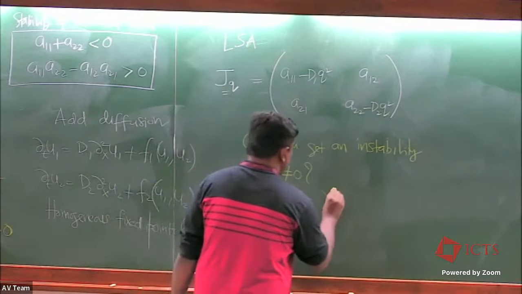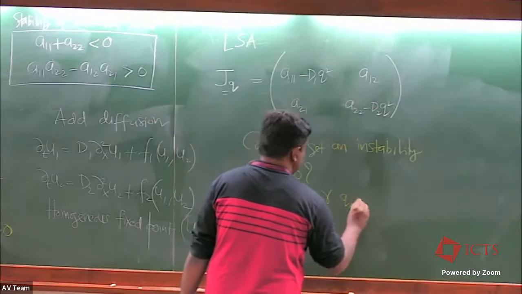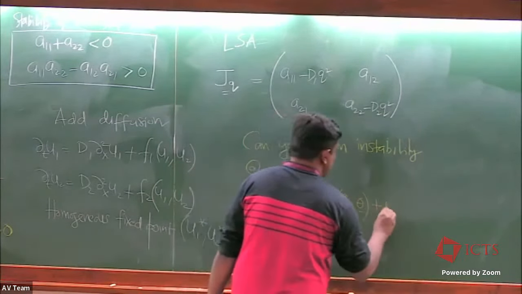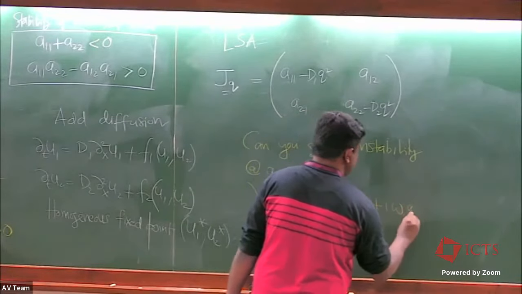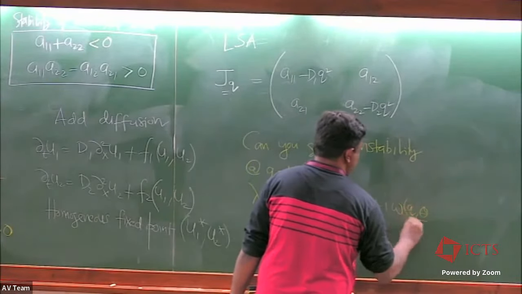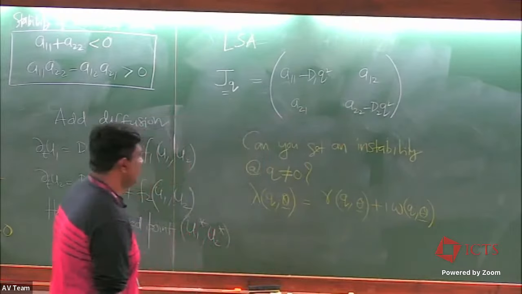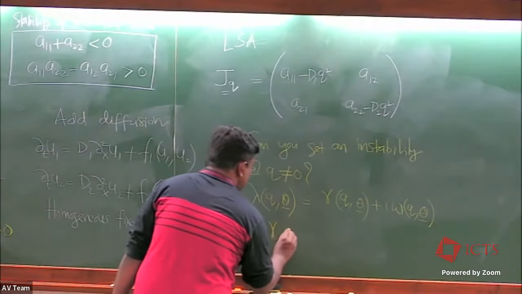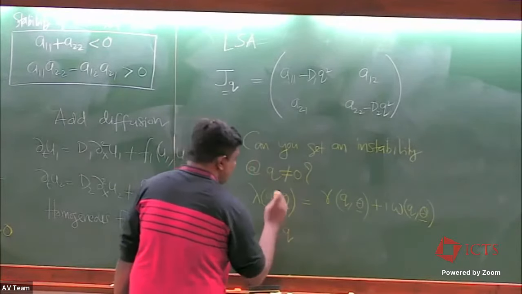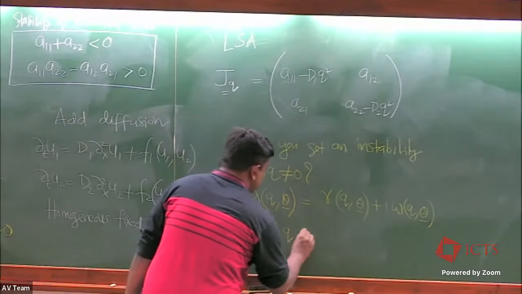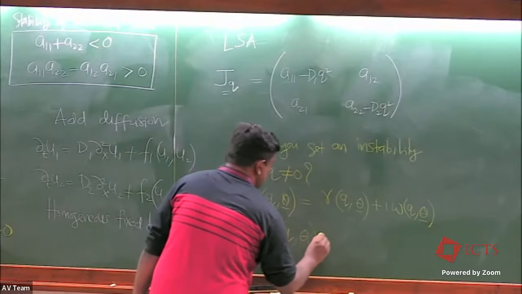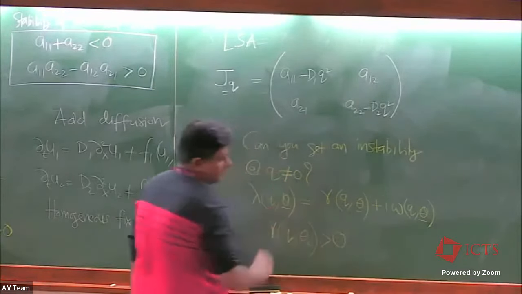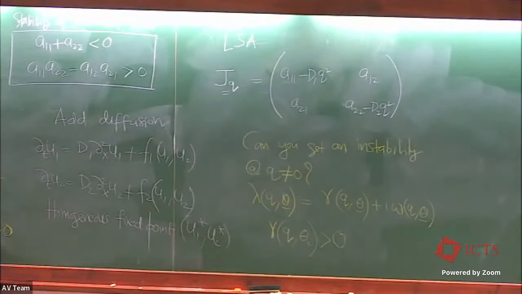You can write the eigenvalue in terms of real and imaginary parts. If you want an instability, is there a set of parameter values such that gamma, at some critical parameter values, can become positive? Agree? That's the definition of the instability.